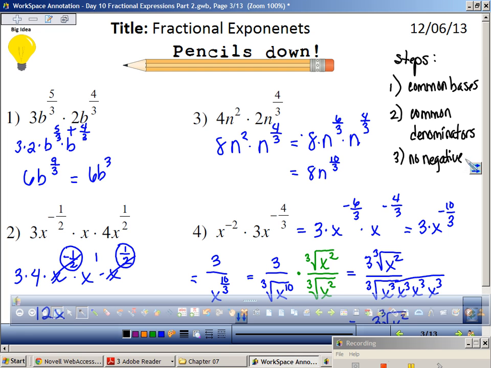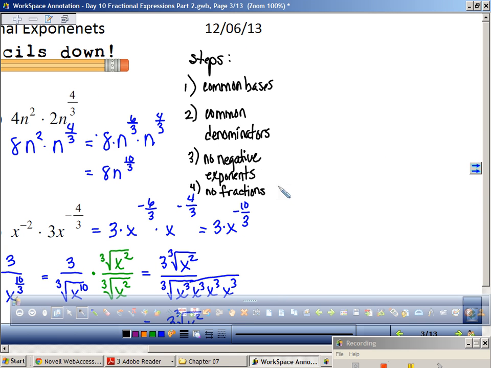And then finally, you don't want fractions in the denominator. Make sense?